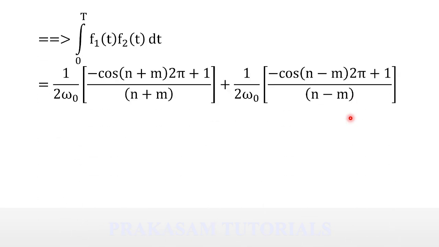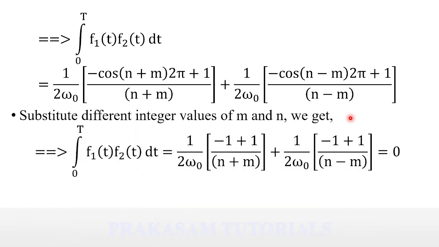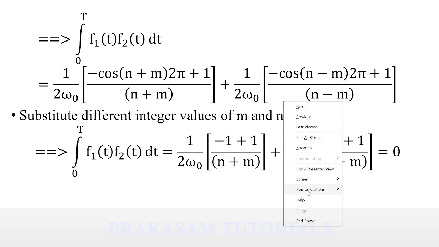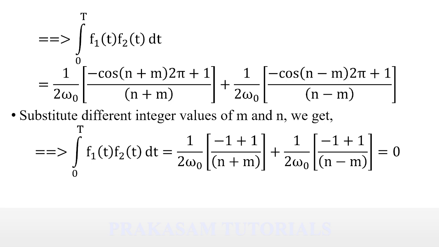The value of cos of (n plus m) 2 pi is 1, and the value of cos of (n minus m) 2 pi is 1, for various integer values of m and n.